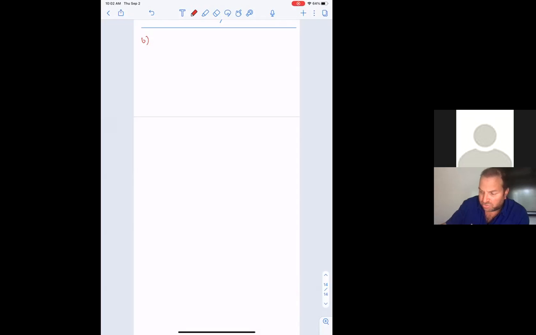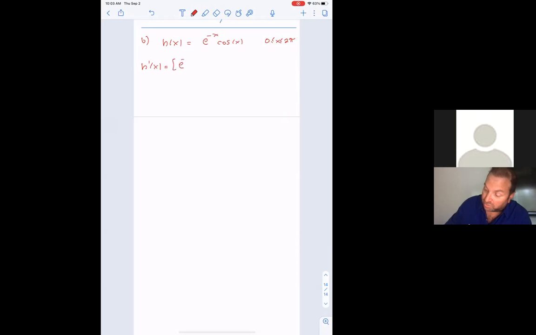It says h of x is equal to e to the negative x cosine of x, but we only care about 0 to 2 pi, a very small domain in the grand scheme of things. Okay, so first find any local mins or maxes. So first derivative, this is a product, e to the negative x times the cosine of x. e to the negative x, that's not e to the x, it's e to the negative x, which is a function of a function, which means it's a chain rule.